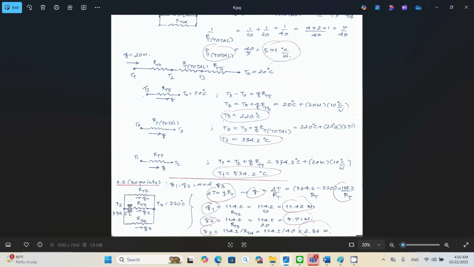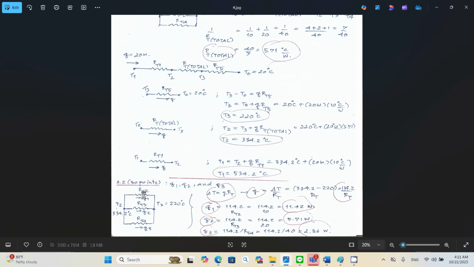So you have T2 minus T3. T2 equal to what? This is your T2, 334.2 degrees Celsius. And what is your T3? This is 220 degrees Celsius. Okay, so that gives you 114.2 over RT.